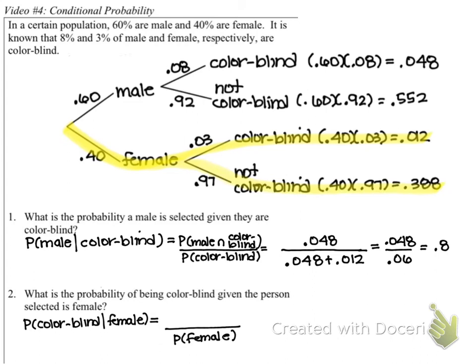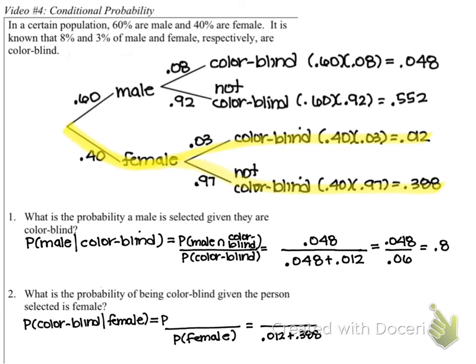Those two branches represent the probability of being female, which is 0.012 plus 0.388. Of those two branches, we want to know where the intersection of colorblind and female occurs.